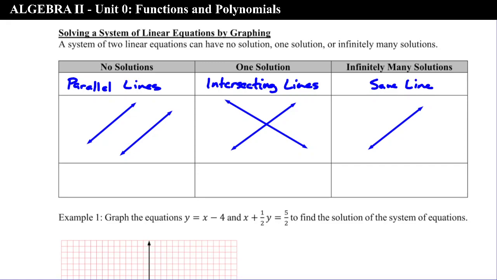So how would you find this in an equation? How can we describe this in terms of our slope and our y-intercept? Well, if you have no solutions, you have parallel lines, then you have the same slope, which makes sense because parallel lines would be increasing or decreasing at the same rate, but you would have a different y-intercept.